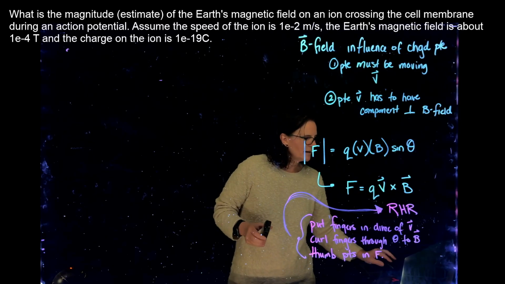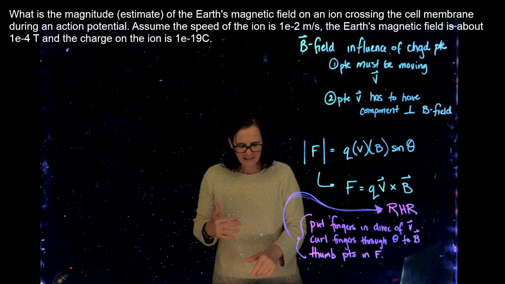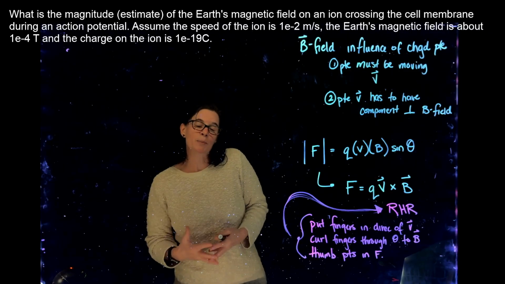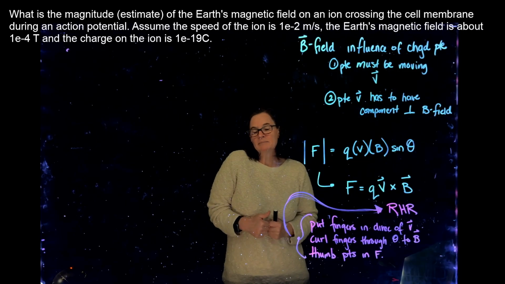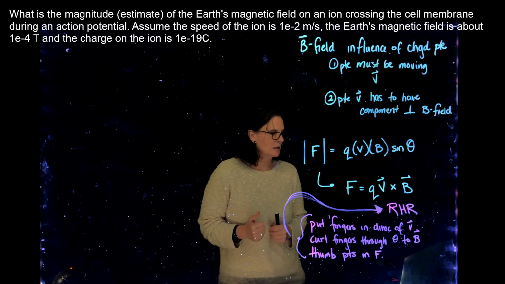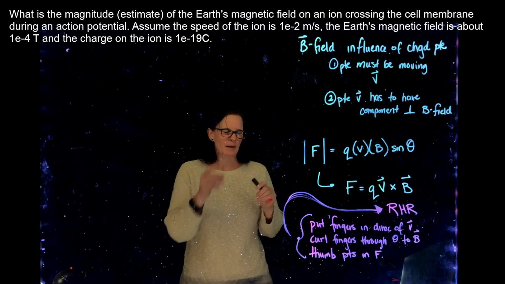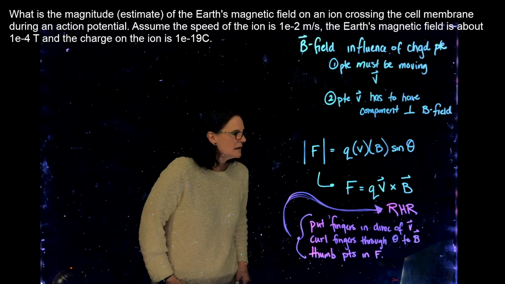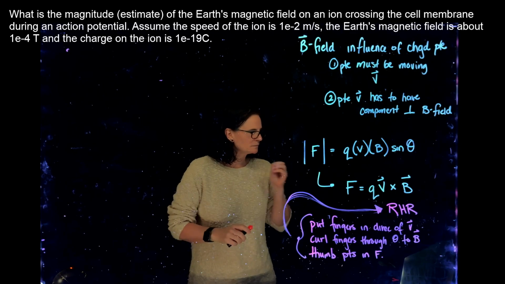What is the maximum force on an ion, a charged particle, such as potassium, that crosses the cell membrane? What is the magnitude, an estimate, of the force from the Earth's magnetic field on an ion crossing the cell membrane during an action potential?